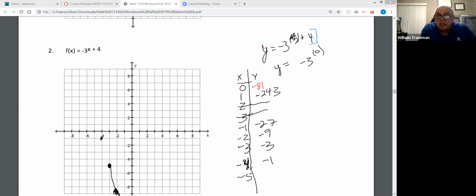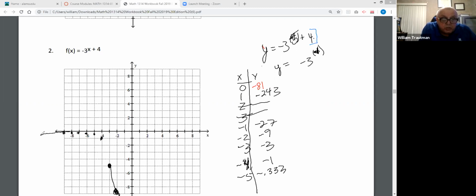Okay, let's try -5. If I put a -5 in here, -5 plus 4 is -1. 3 raised to the -1 power, and I get -0.333. So at -5, I get here. At -6, I get even smaller. If you put these numbers in, you'll see you're going to get even smaller.